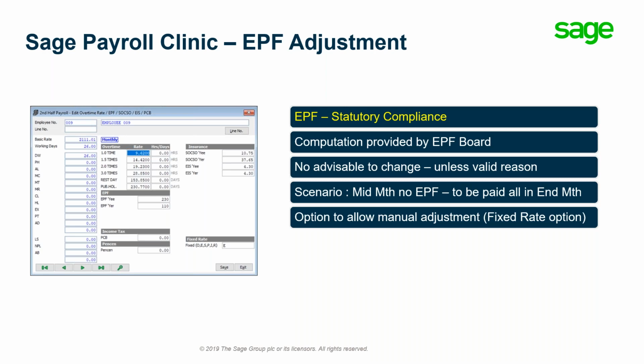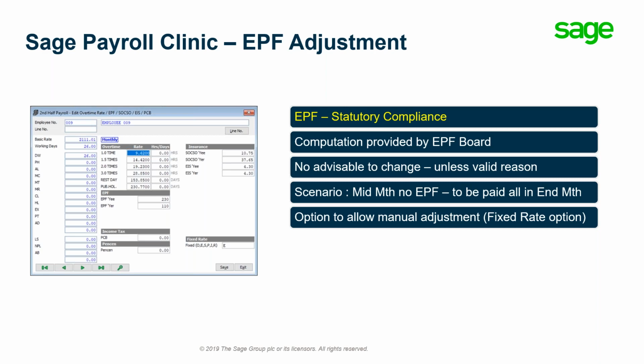Okay, the option to do manual adjustment, we call it the fixed rate option. That means we compute the EPF for you, and then you enter into the fixed rate screen, say I want to fix E for EPF. Then you change the figures. But be careful, the moment you change, you override the system computation.